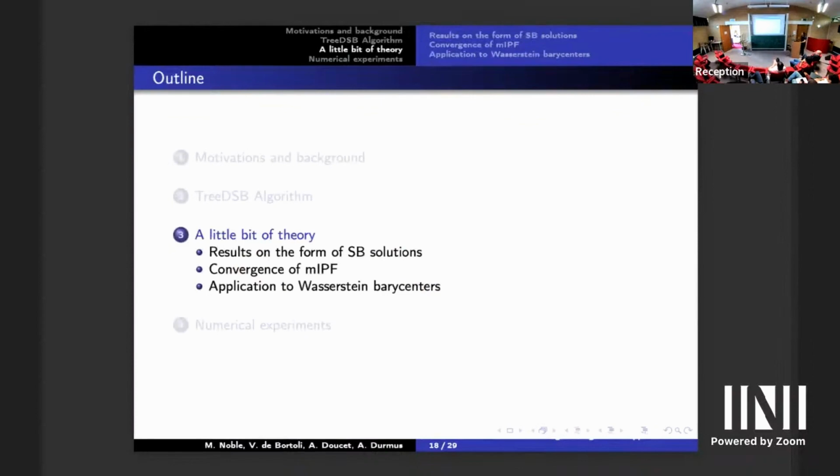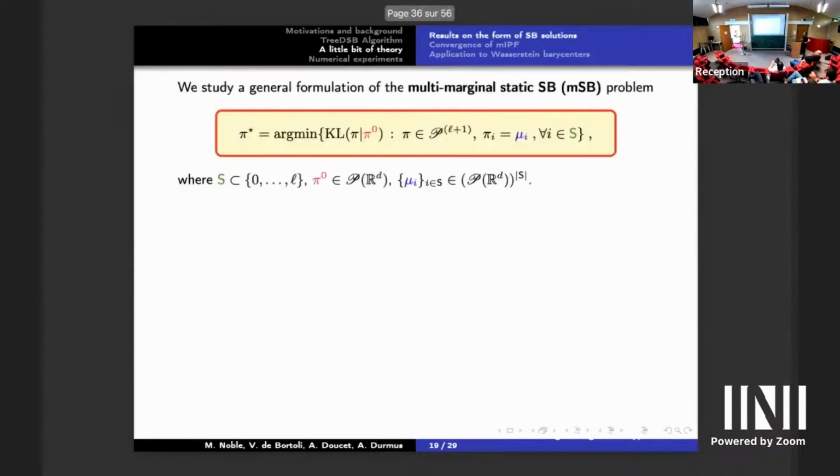Okay, so this is the part where you could say, okay, I don't want to see theory, but this is really just to see if things kind of work in theory, and it's not really huge. So don't be afraid. Okay, so I recall my multi-marginal setting. Now I'm going to consider a pi naught, which is a path measure. I have my constraints over a subset, not necessarily a tree, not necessarily the leaves of a tree, just a subset.